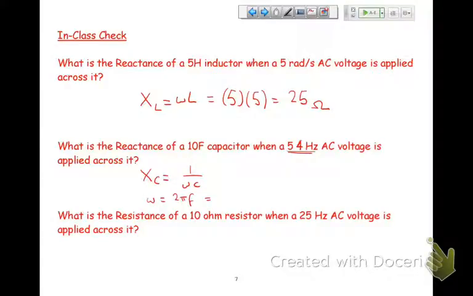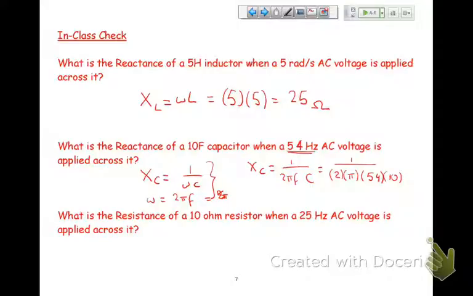So XC is equal to 1 over 2 pi f times C, which equals 1 over 2 times pi times 54 times 10.